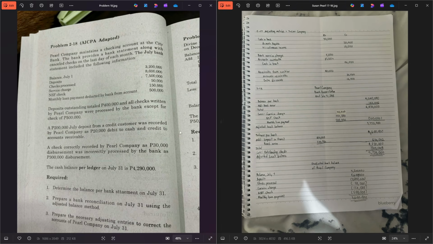So the balance per book is 4,290,000, which is stated here. The book error is 180,000, which can be seen here.